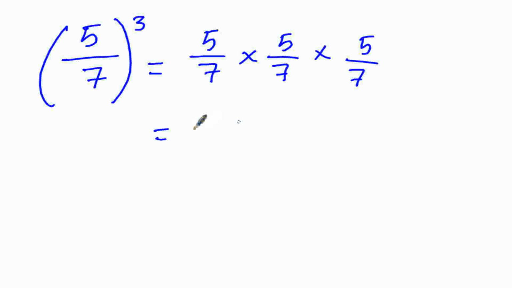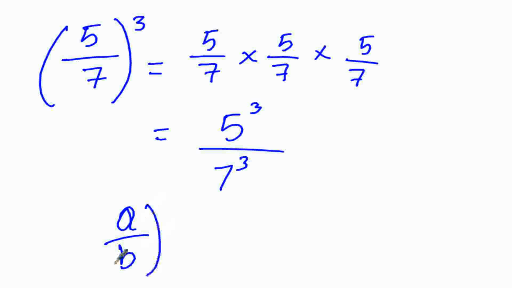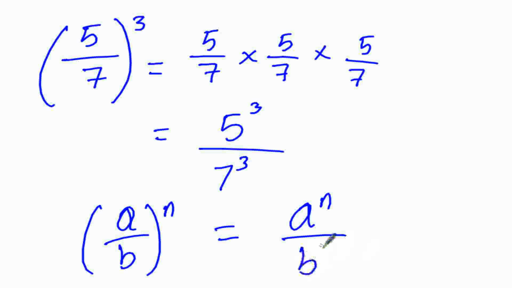So the 5's in the numerator can multiply and we get 5 power 3. Over the 7's in the denominator we get 7 power 3. So you can see it's the same as distributing this 3 to both numbers. So in general terms, it will be A over B power n equals A power n over B power n. And this one is our last one.